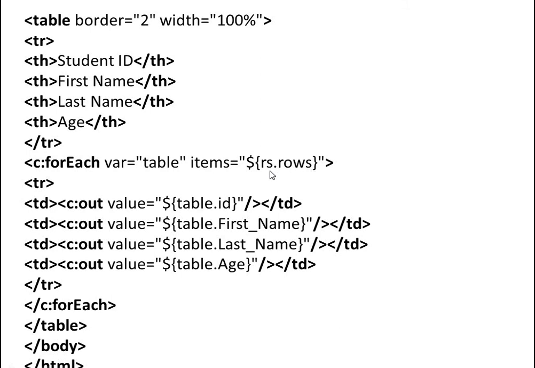So rs we have already created as a variable, and that will be used to fetch the data for the particular row. Now the rows are here, and the column values are here: ID, first name, last name, and the age. So we'll write the command here, c:out. This is a core tag for displaying the output. And we'll write here value is equal to.